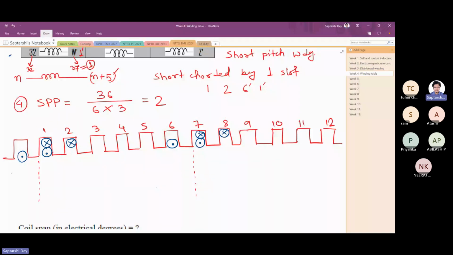Now, if I draw the next phase, this will also look like this. Here and here. Phase A, phase B, and if I draw another, let me take a lighter color.